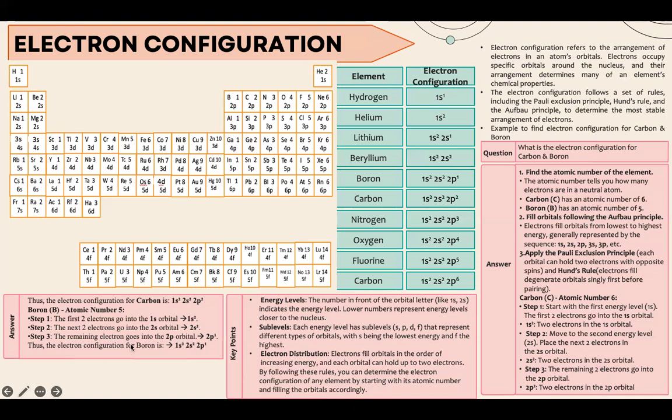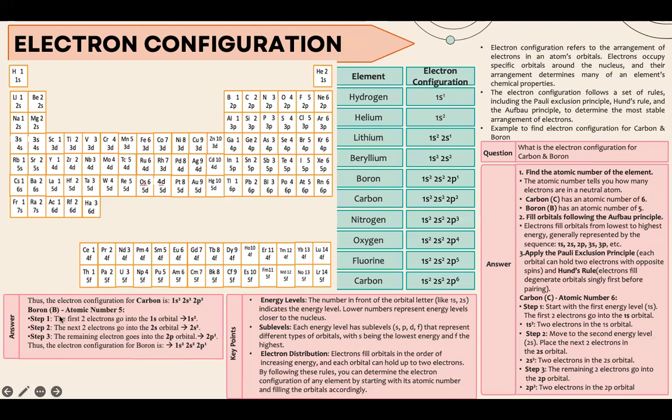Thus, the electron configuration for carbon is 1s2, 2s2, and 2p2. So the carbon position in the periodic table is in this stage.